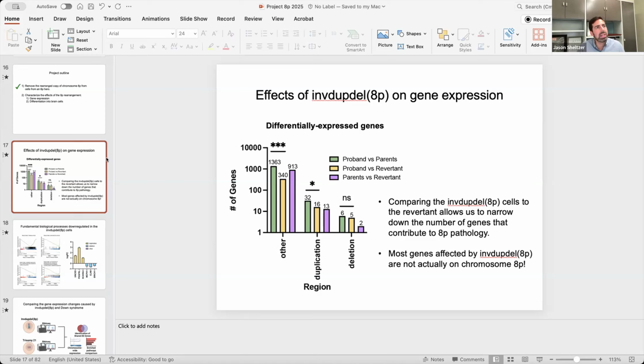And so we think that when you do these sorts of comparisons across genetically diverse individuals, you get all sorts of changes that are caused by the SNPs, the random point mutations between individuals, and that aren't specifically caused by 8p.